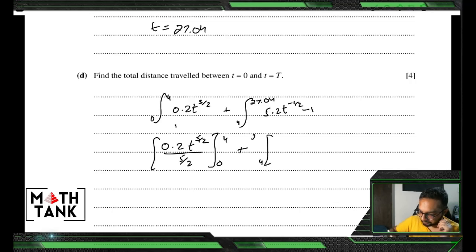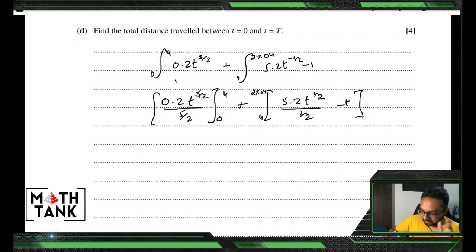From here on, it's just a matter of making sure that you don't make a mistake in plugging in the numbers. The 0 would give you 0. Then I have 5.2 into 2 is 10.4.